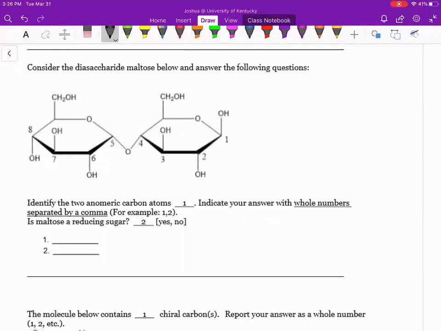Consider the disaccharide maltose below and answer the following questions. Identify the two anomeric carbon atoms, and indicate your answer with whole numbers separated by a comma.